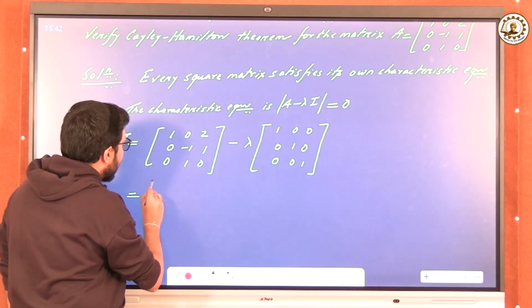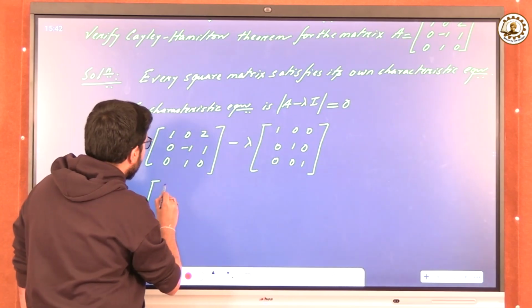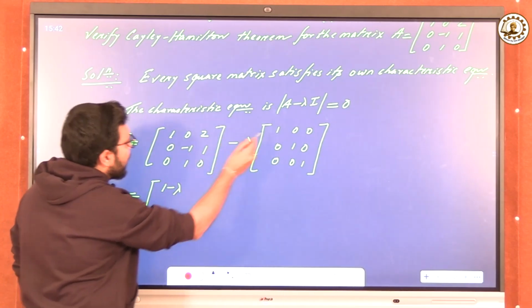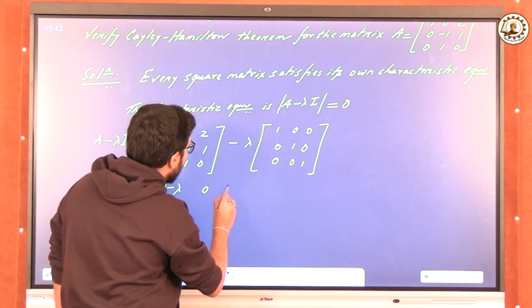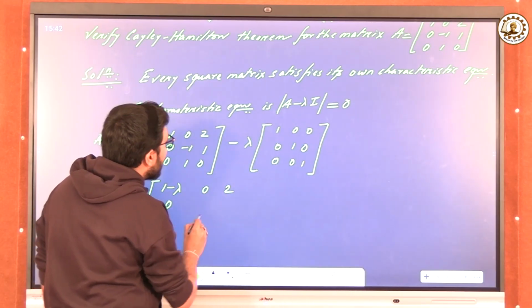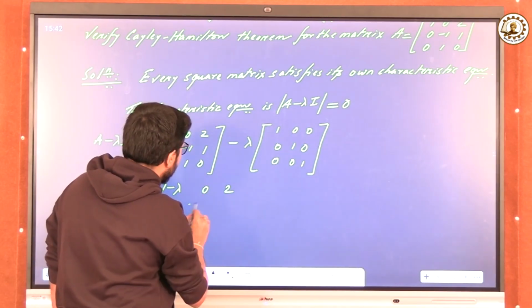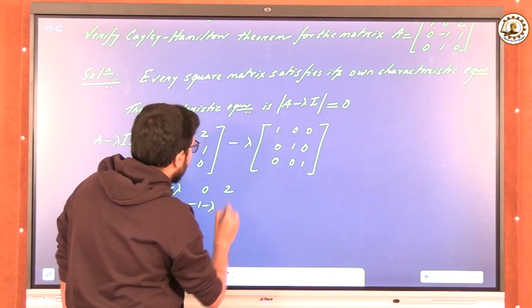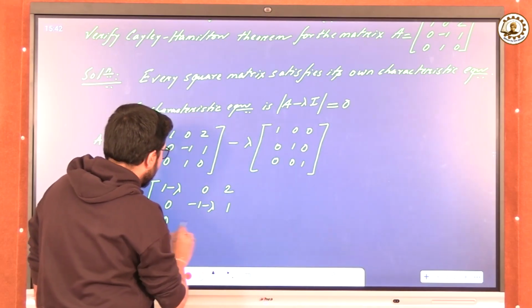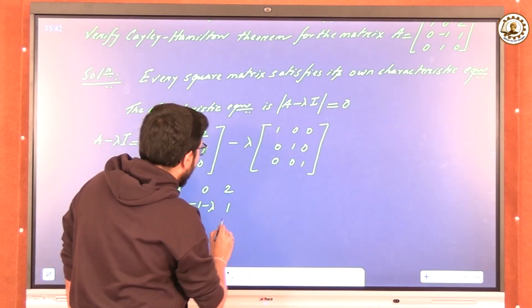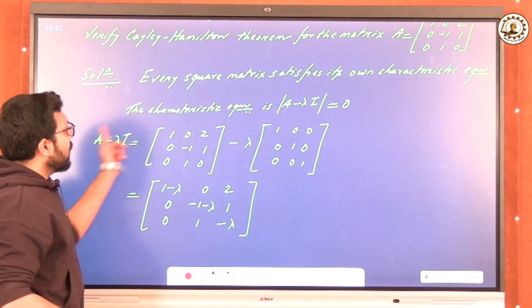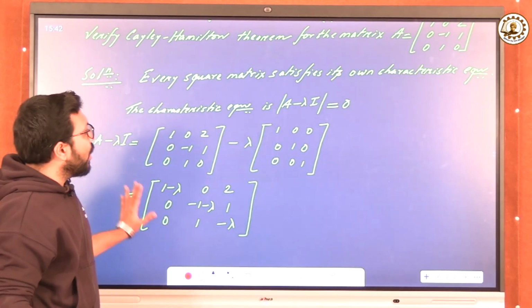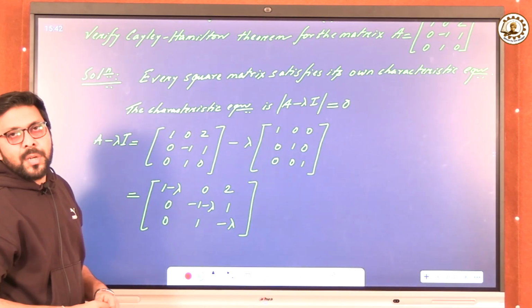Now let's calculate this A minus lambda I. Here you are getting 1 minus lambda, then 0, then 2, 0, then minus 1 minus lambda, 1, 0, 1 and minus of lambda. So here you are getting this value of matrix A minus lambda I.